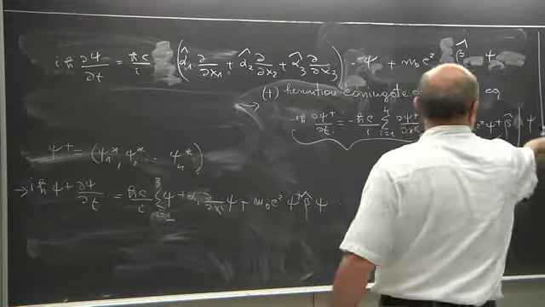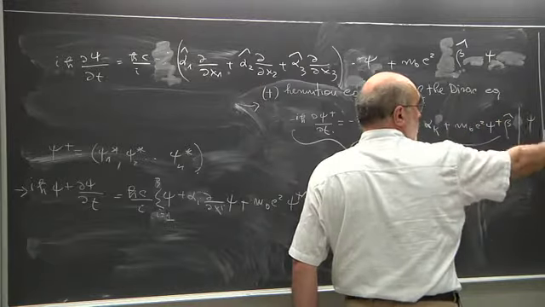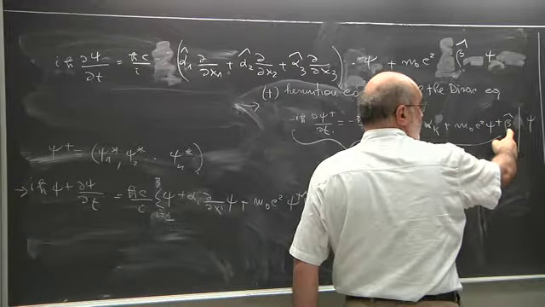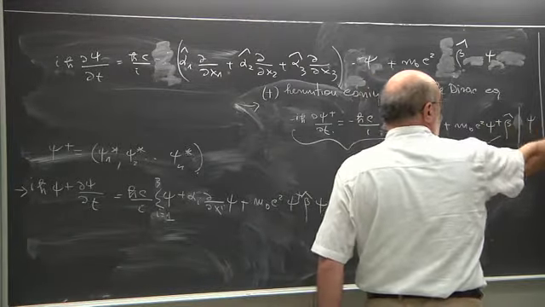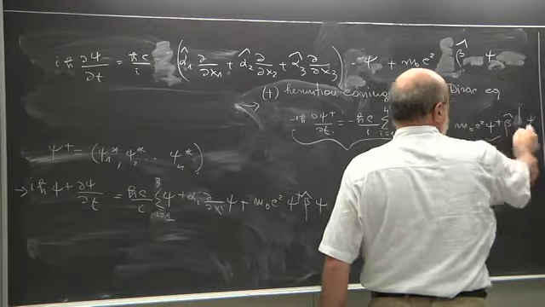Now I multiply on the left by psi. Now this is a row vector times a 4 by 4 matrix times a vector, multiplied on the left, so that is a column, and then I have the normal things.